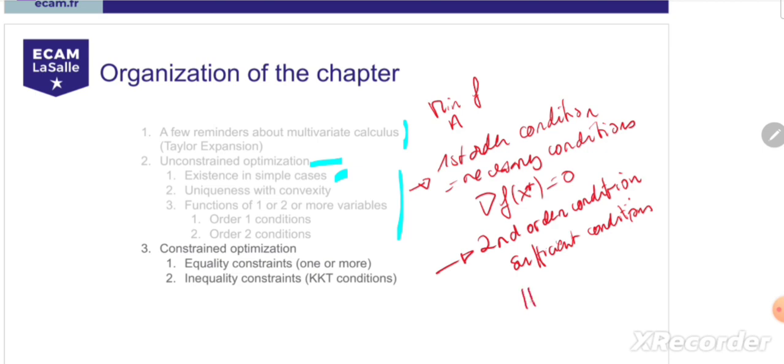If you remember, we make the Hessian matrix of f, so that's the general case. We make the Hessian matrix of f, and we want to know at the critical point the sign of the quadratic form we obtain from this matrix.